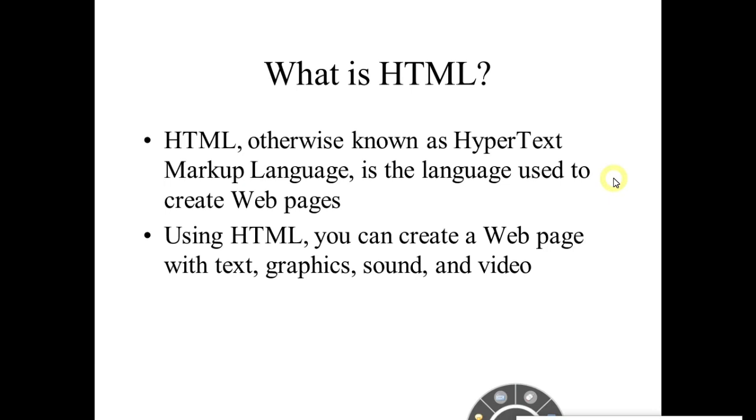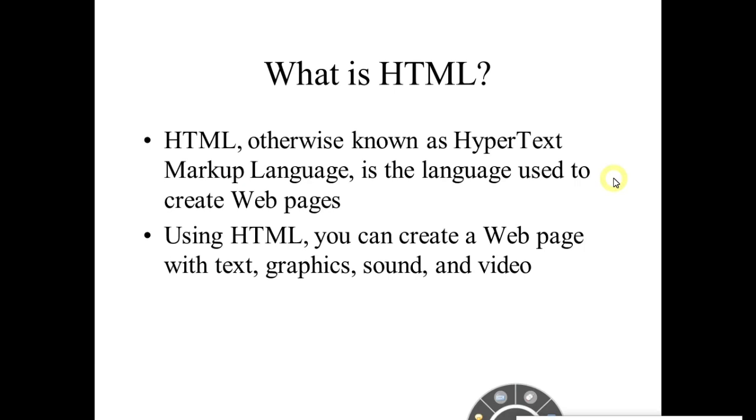So for that you have to know something about basic programming languages. Basic programming language means what? You have to know something about writing a program. What is a program? A program is an instruction. We are giving instructions to the computer to do some task. The task can be anything.